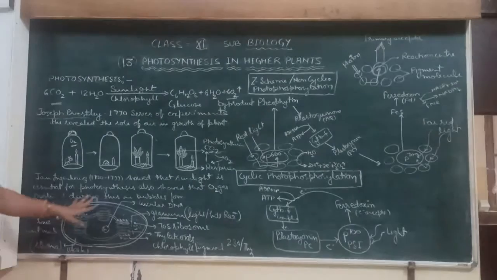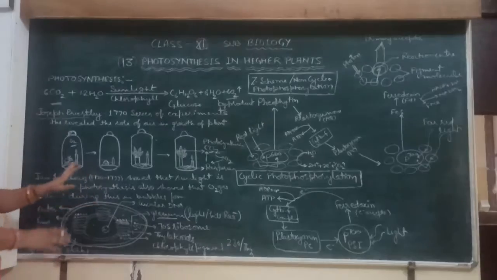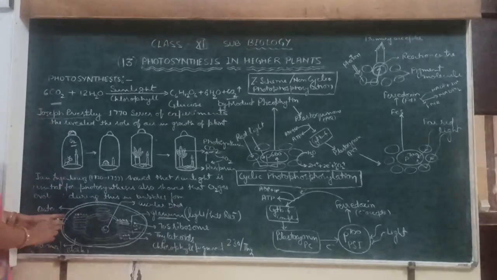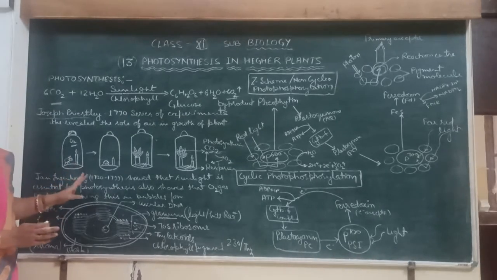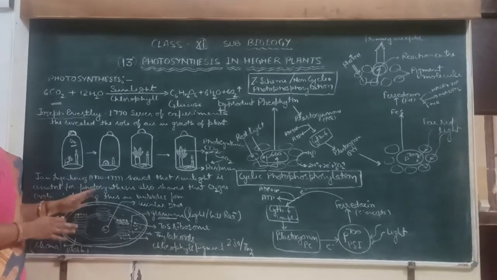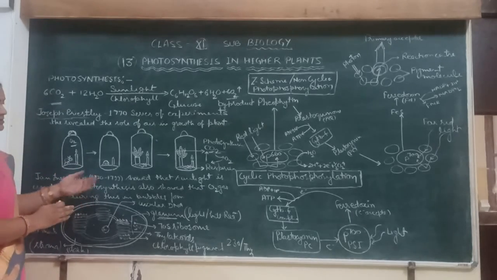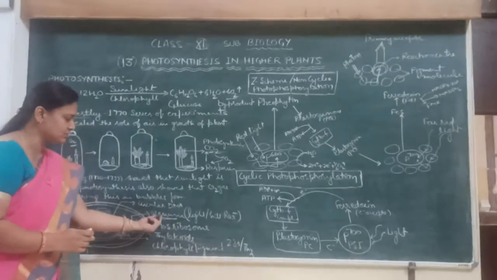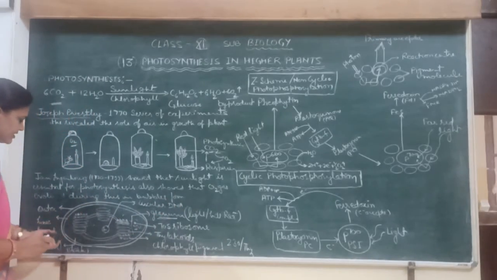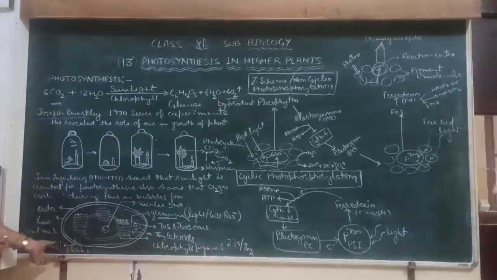So this is the structure of the chloroplast and the site of photosynthesis. Actually, the photosynthesis process is divided into two phases, that is light reaction and dark reaction. Light reaction is also known as the Hill reaction. This takes place on the granum, and dark reaction takes place in the stroma.